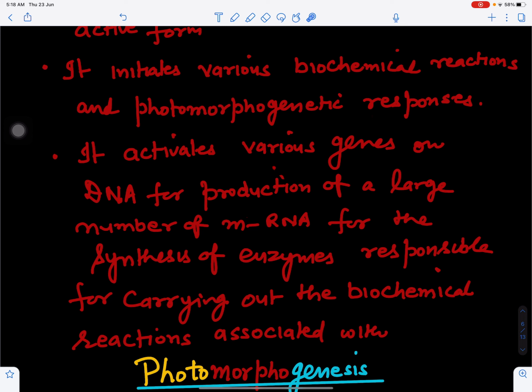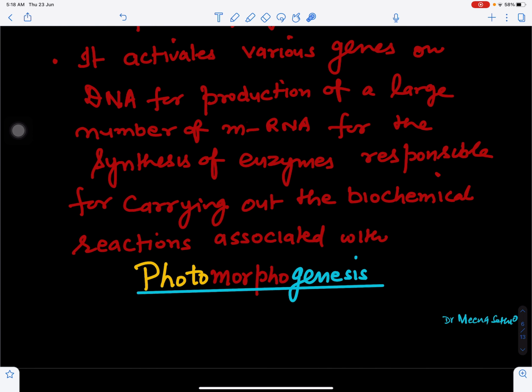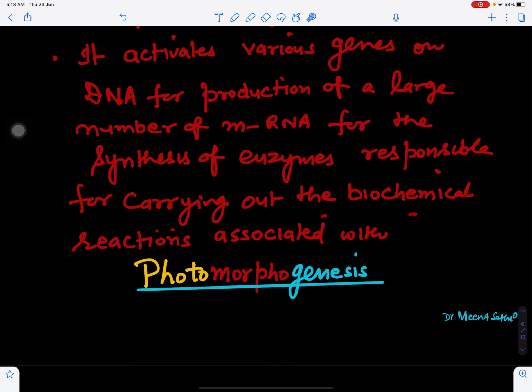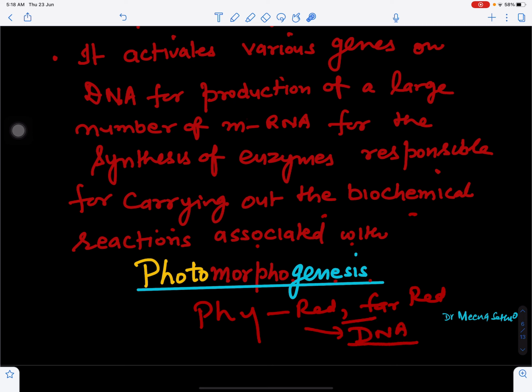It also activates various genes on the DNA for production of a large number of messenger RNA for the synthesis of enzymes responsible for carrying out the biochemical reactions associated with photomorphogenesis. So phytochrome will receive the red and far red light, and this will affect the DNA part, and DNA has genes on it.